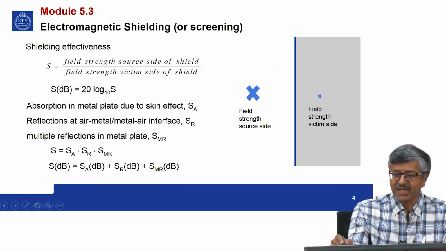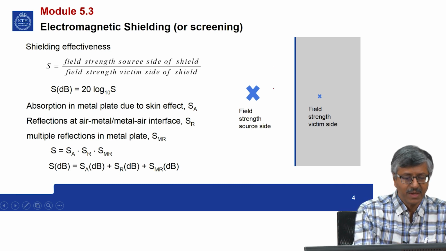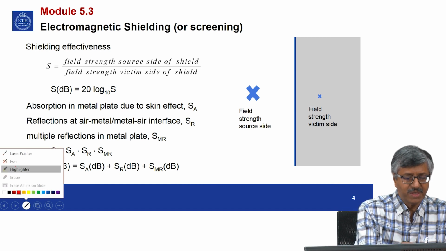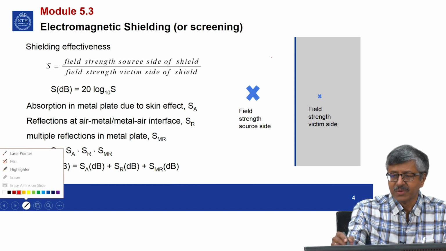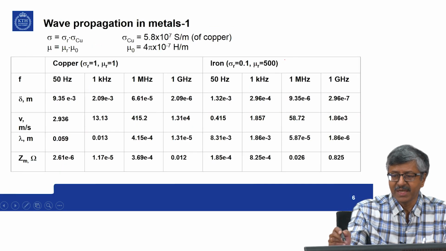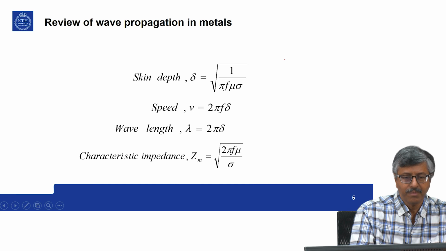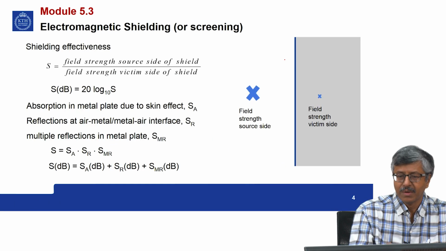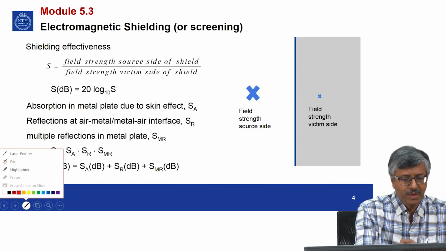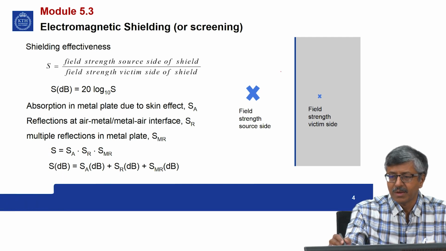Then you have reflections happening from this shield. So, the wave will be incident and then it can reflect part of it and only a part will be going inside.